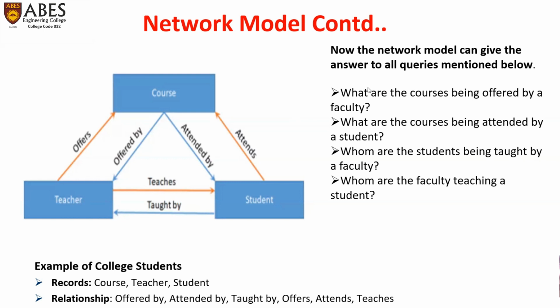Similarly, which students are being taught by a faculty? Which faculty are teaching our students? All these questions are answered only because we have relationships like offered by, attended by, taught by, offers, attends, and teaches.